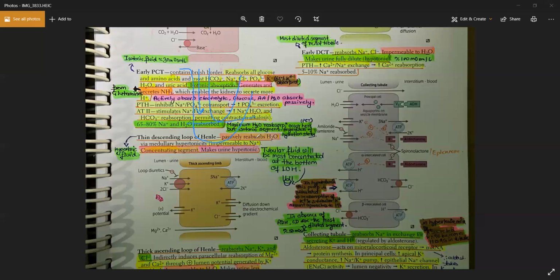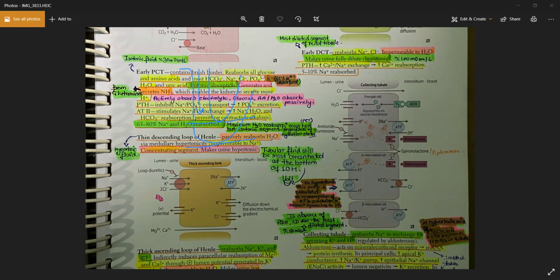This is the portion where the maximum concentration of the filtrate will lie. You will always find the maximum concentration at the lowest point of the loop of Henle. Even in a very water-rich state, this portion of the nephron will be highly concentrated compared to other portions.